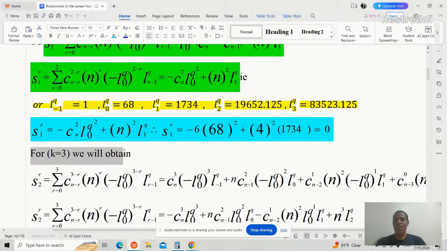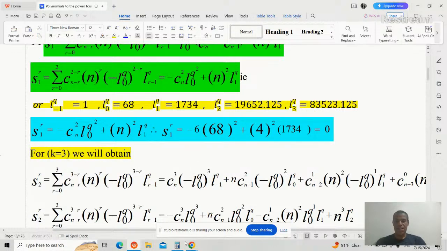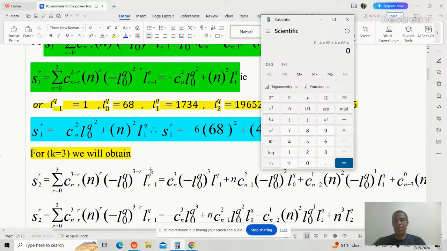Now I will try to work out the value of this. We told that negative combination 4 choose 2 is negative 6 times 68 squared. So I'll just write here, learners, negative 6 times 68 squared, Mr. Murad, plus n is 4, plus n squared means 16 times L1 of the q.